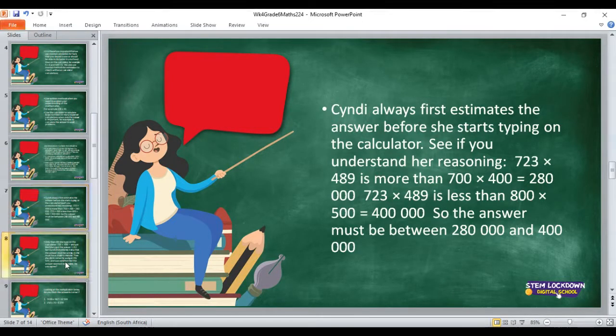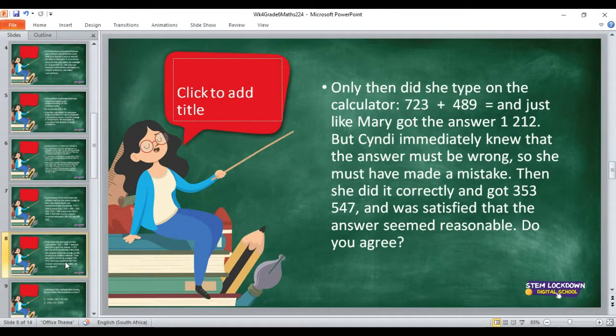All right, I hope I am not moving fast this time around. Only then does she type the calculation on her calculator. She makes the very same mistake that Mary did by pressing the plus sign, and the answer she gets is 1,212. But she immediately realizes that there's something wrong with her answer.